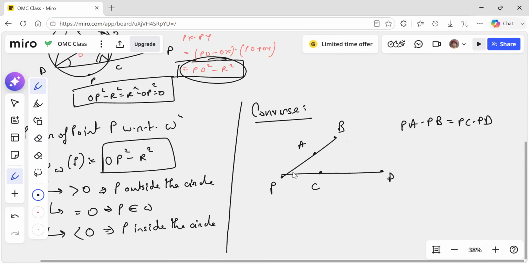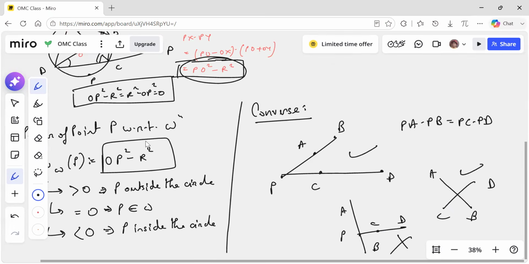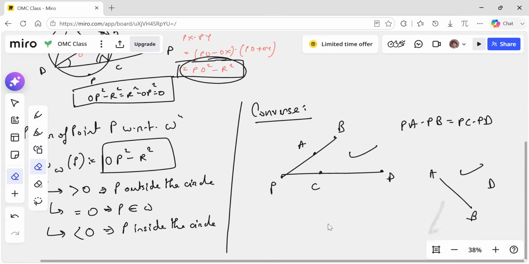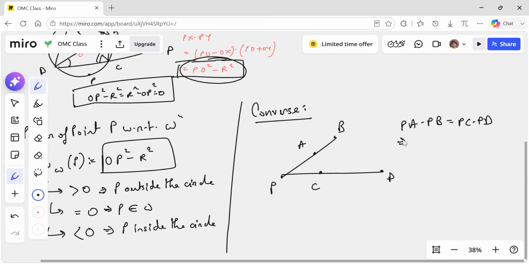Here we have a condition that P should either lie on both the segments AB and CD, like this, or it should lie outside both of these segments. So it cannot happen that P lies on one of the segments and outside the other segment. So we are not taking into consideration cases like this. This will not hold, only this and this will hold. So now that's clear. What this claims is that this implies ABCD is cyclic, or ABDC as I've written.